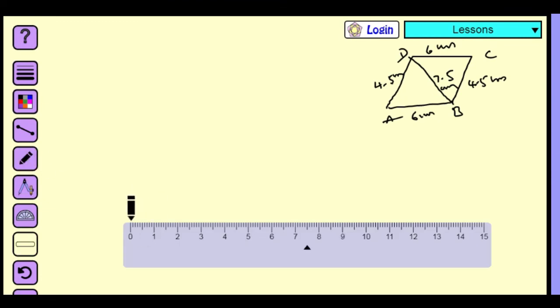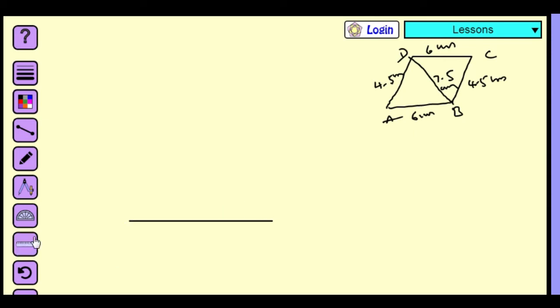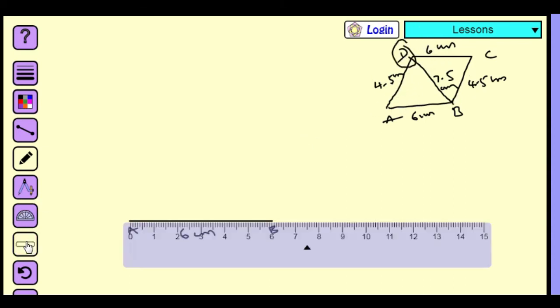First step, draw AB of length 6 centimeters. Now first complete the triangle ABD. For that, take the compass at 4.5 centimeters.